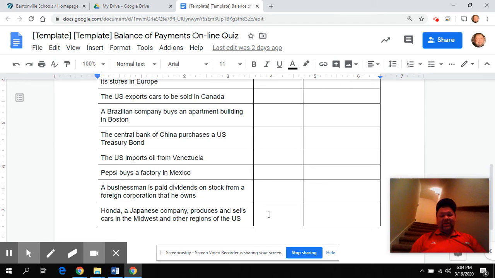It's actually a debit because the money is leaving the United States and going to Honda, but it's a current account thing because it's not talking about the building of the factory. It's the fact that they're building and selling the cars here. They're making money, but it's an actual finished product, so that makes it current account.